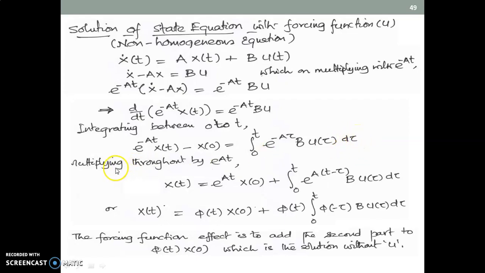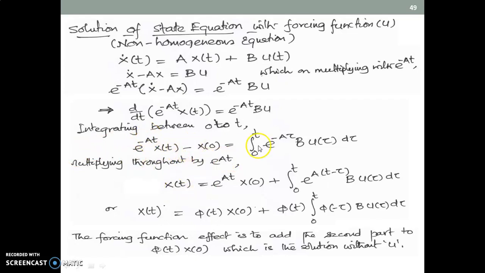Now multiplying both sides by e power At. Here you have taken both sides multiplied by e power minus At, and again you are taking the reverse, simply the same thing, e power At. What will you get here? When you multiply this one, or you can say shift this side also, both are the same only. If you multiply throughout by e power At, these two cancel, x of t.